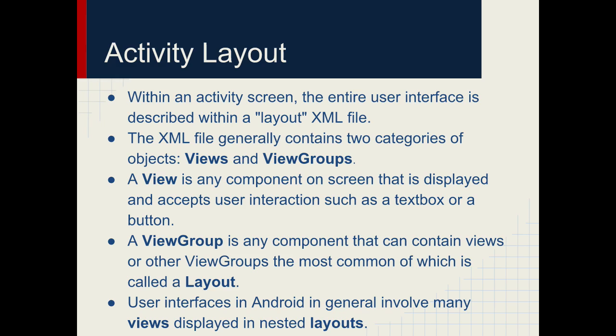So we'll talk about this a little bit later, but the more nesting you have, meaning the more view groups that contain other view groups, the further the Android platform has to traverse in order to draw, right? It has to basically go through the entire tree all the way to the bottom to basically draw the UI. So you do want to think about the depth of your views.